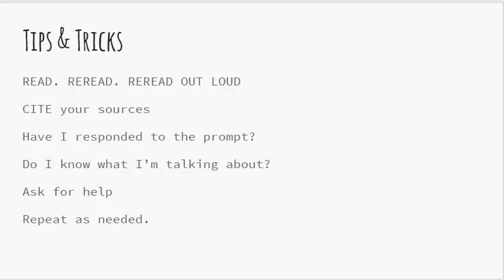If that's embarrassing for you, or you're in a library or in a computer lab, copy and paste it into Google Translate, using English, and push play, and Google Translate will read your essay to you. Sometimes this is even more helpful than reading it to yourself, because when you hear that robotic, awkward Google Translate voice reading your essay, you're going to pick up on anything strange or that sounds funny or all of that kind of odd stuff.